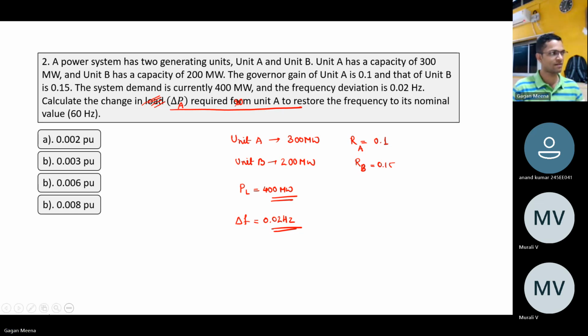So what will be the answer? How do we relate change in frequency to change in generation? The system demand is currently 400 megawatt and the frequency deviation is 0.02 hertz.